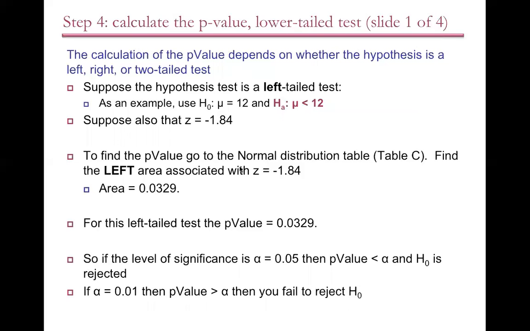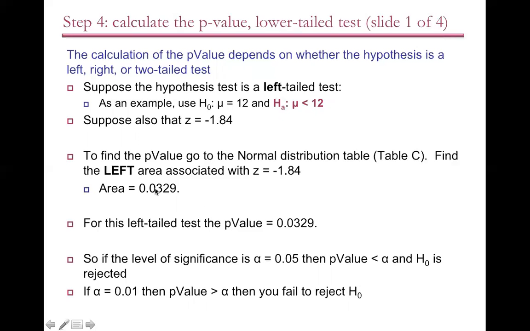So if it's a left tail test, like this one, and my z is minus 1.84, then what I do is I go to the normal table and I find the left area associated with z equal minus 1.84. And I get that area to be 0.0329.